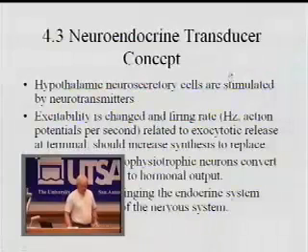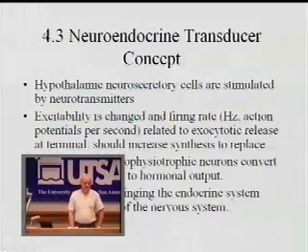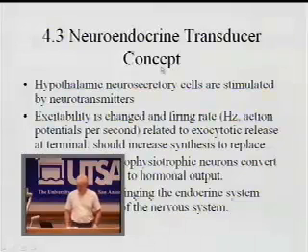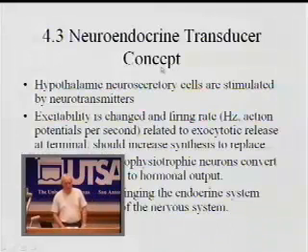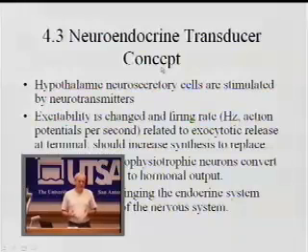That neuronal input takes us right to chapter 4, the point made in 4.3, neuroendocrine transducer concept. And this really is significant in thinking about the entire organism that we've talked about all along.